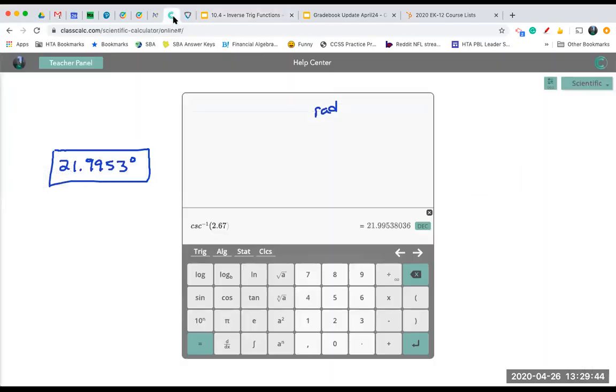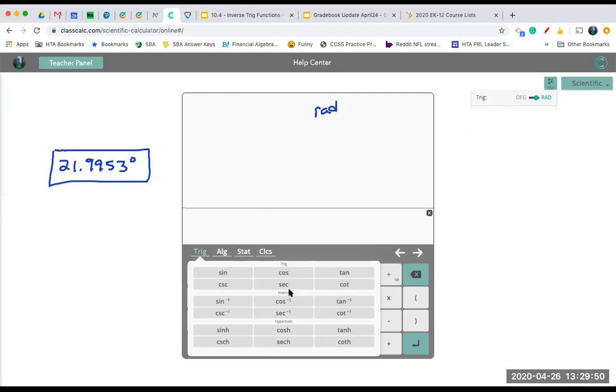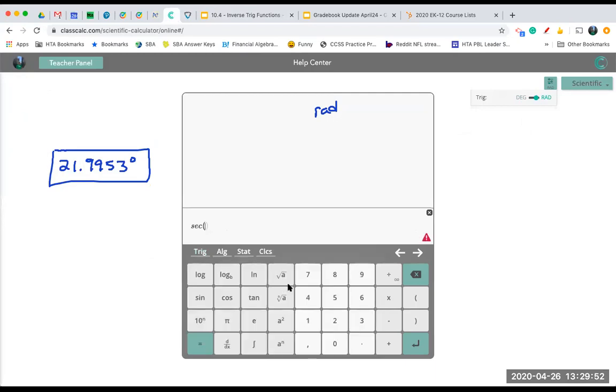So back to ClassCalc. Change our settings to radians, and we are going to do the secant of 0.15. And I get 1.0114.